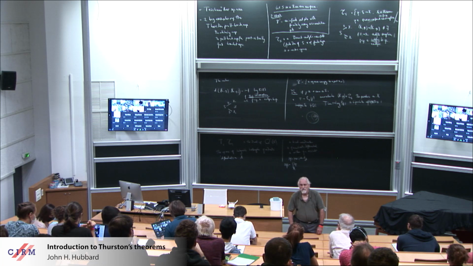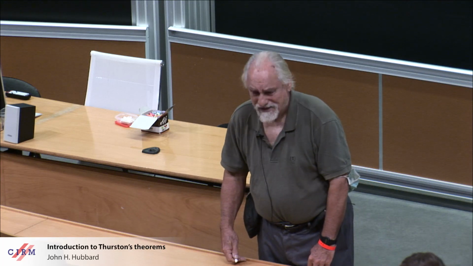Well, Thurston theory for transcendental functions. That's the example that I'm trying to understand at the moment. And I think there are already, in that setting, a myriad of difficult problems.